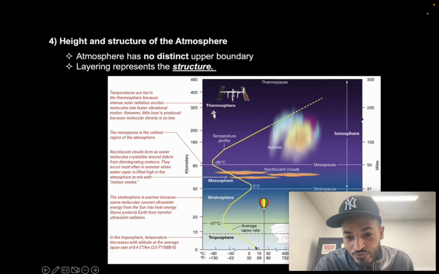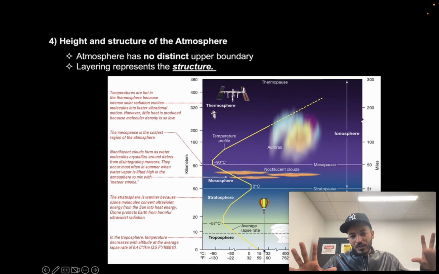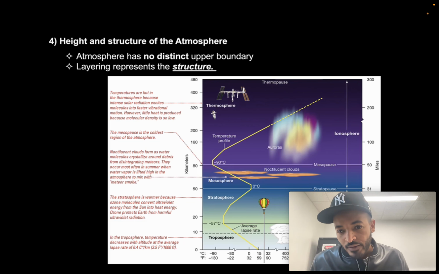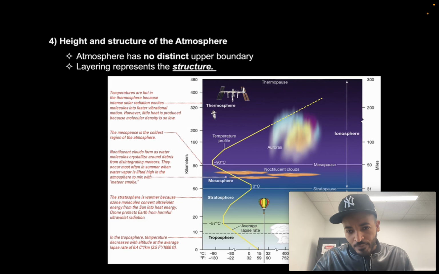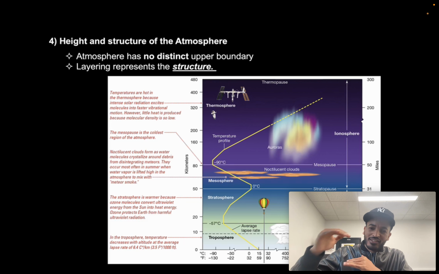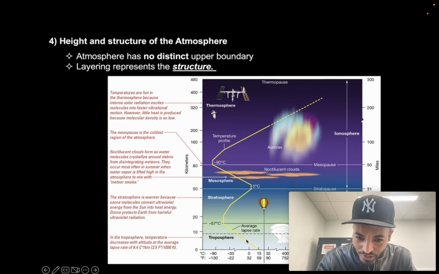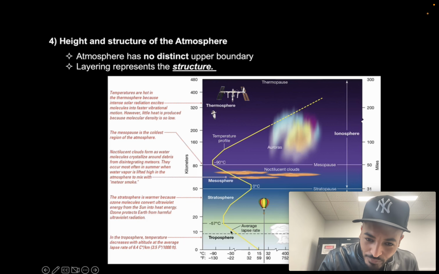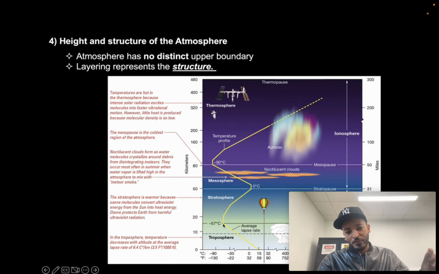If you look at the temperature change, this is a typical profile that we see. It's common everywhere, right? What we see here is, for instance, in the troposphere, a constant decrease of temperature, up to a certain point, right?